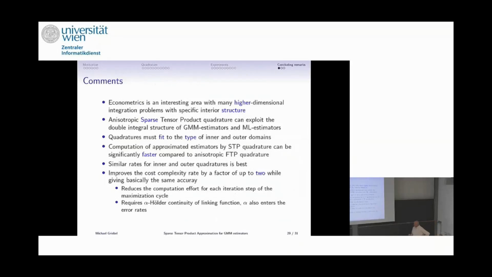First of all, you say, this is strange stuff. It's not the usual physics simulation, but it's econometrics. But it's interesting. They have business cycle models at the World Bank where they try to predict things and fit by estimating things, their models to the data and the other way around, of course. It's interesting, and it bears many high-dimensional integration problems, and they have very specific structures. You have to look into the models.